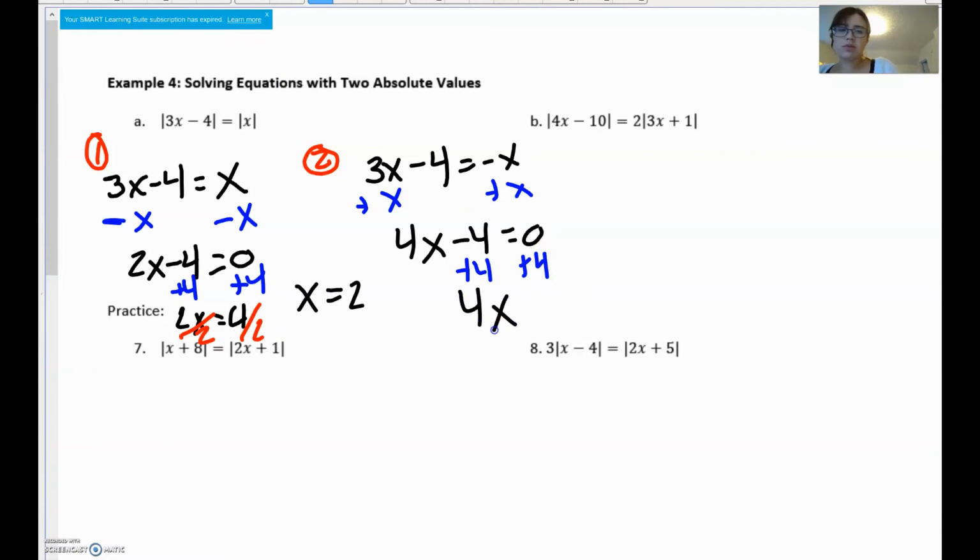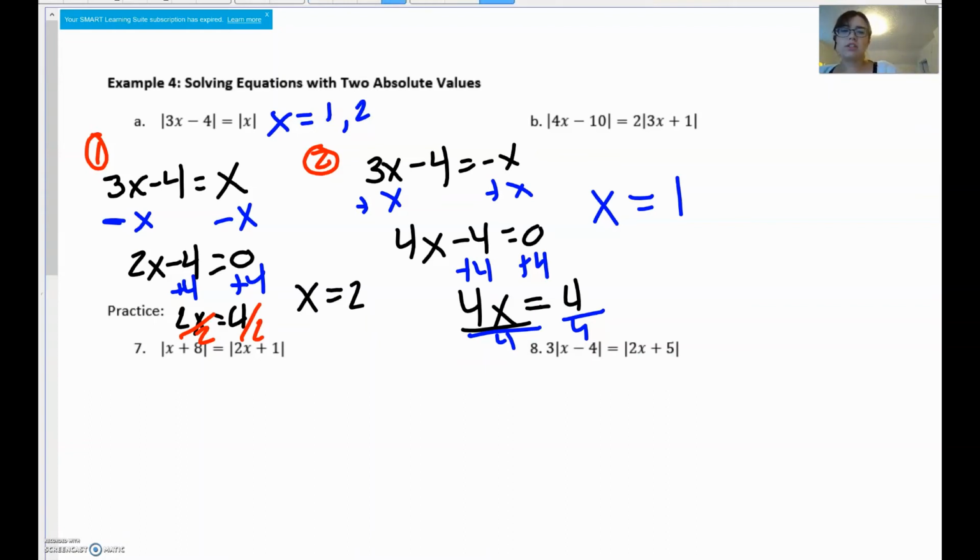We'll end up with 4x equals 4. If we divide by 4, we get that x equals 1. So for A, x equals 1 and 2.